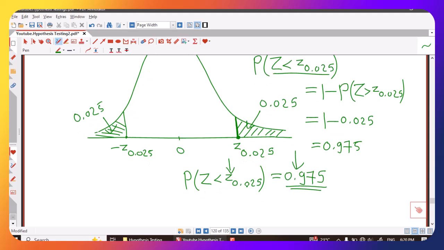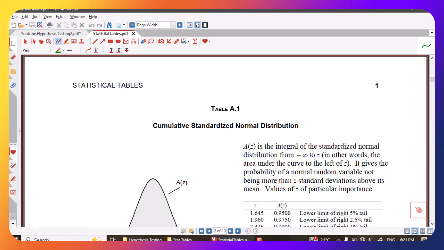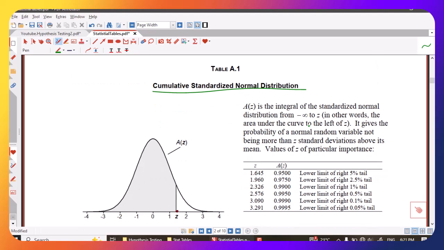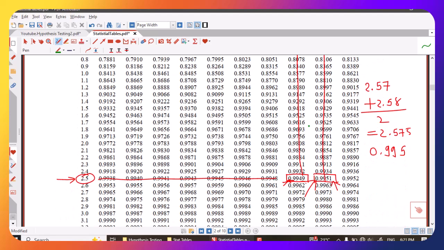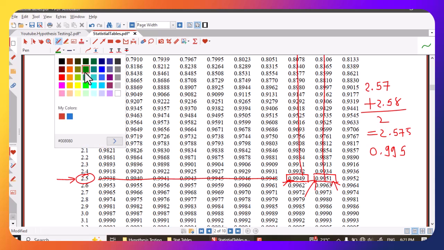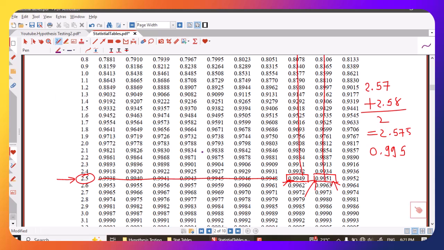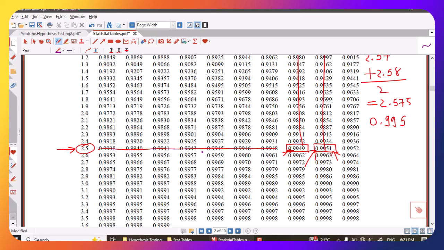So now we try to search for 0.975 area in the Z table. Here I have statistical tables in which I have the cumulative standard normal distribution, and I am interested in the 0.975 value. In the table we search for 0.975 area. So let me check the 0.975 value here. We can see here 0.9750.